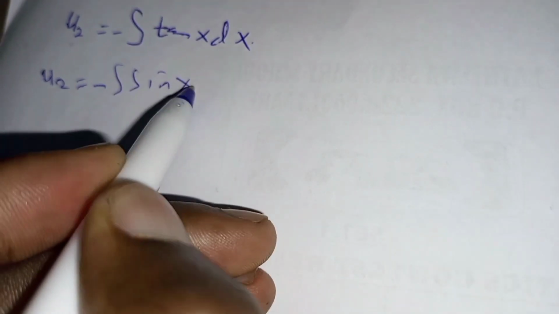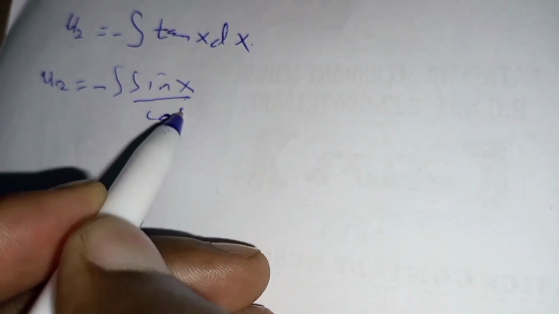So our u2 is equal to the integral of negative sine of x over cos of x dx.